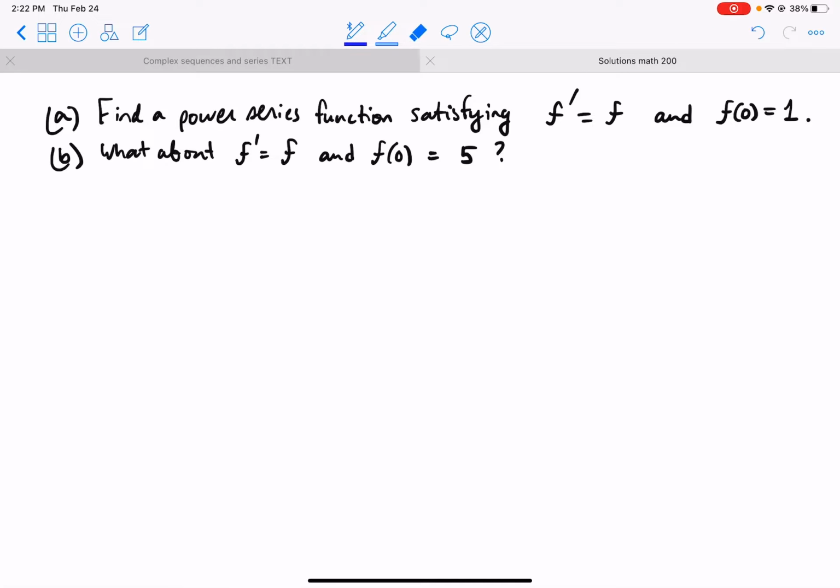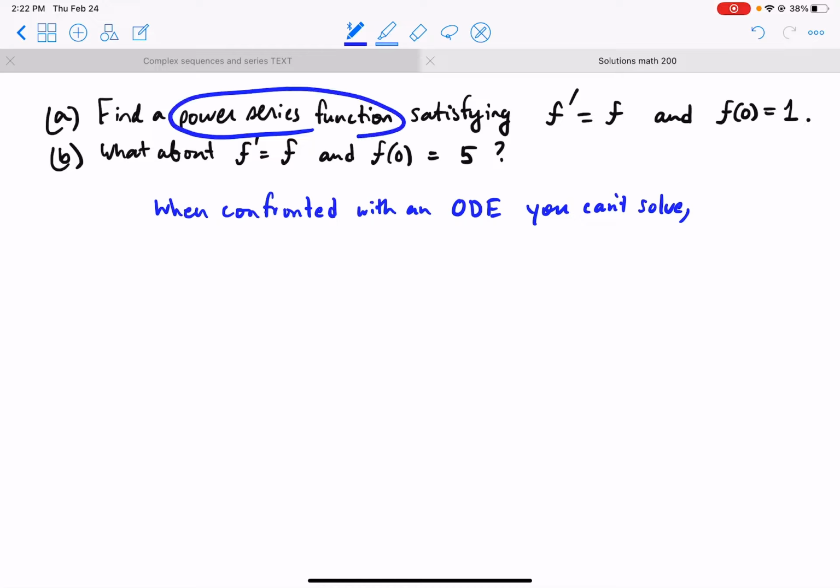So in other words, I guess I'll say that when confronted with a differential equation that you can't solve, it might be a good idea to try to see if there's a power series solution.